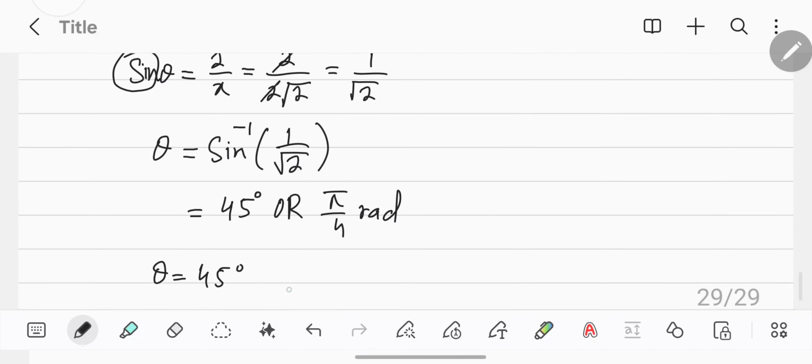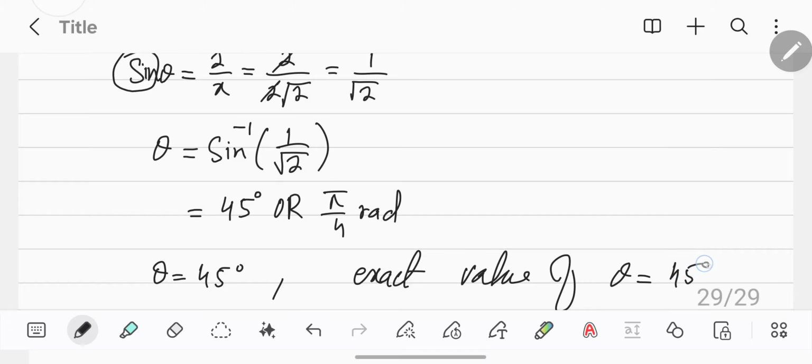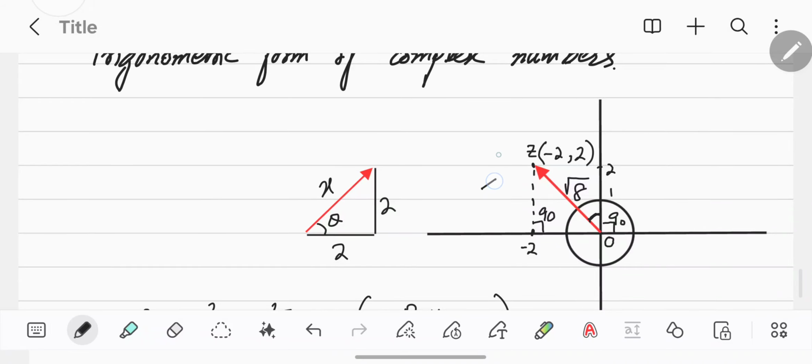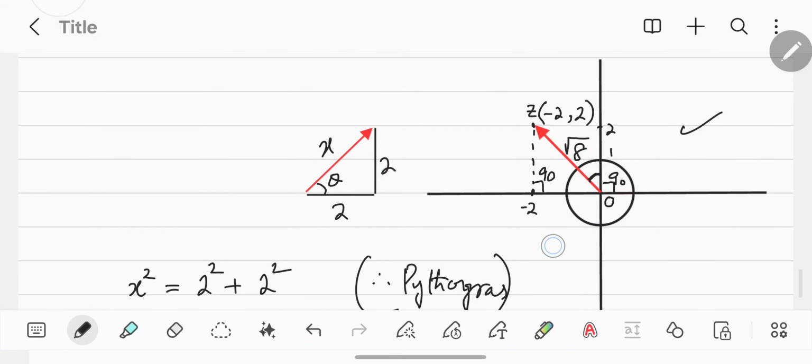So the exact value of theta is this angle plus 90 degrees. Because of the second quadrant, this is the first quadrant, this is the second quadrant, this is the third quadrant, this is the fourth quadrant.